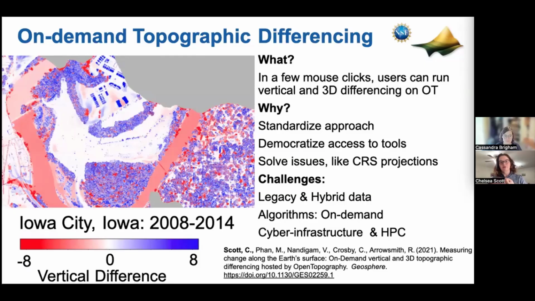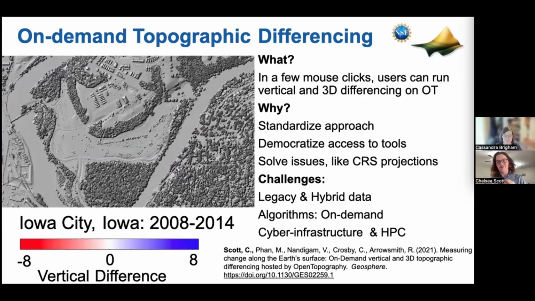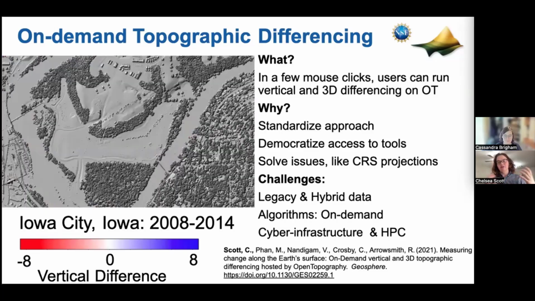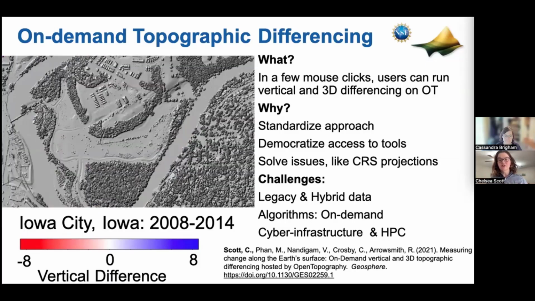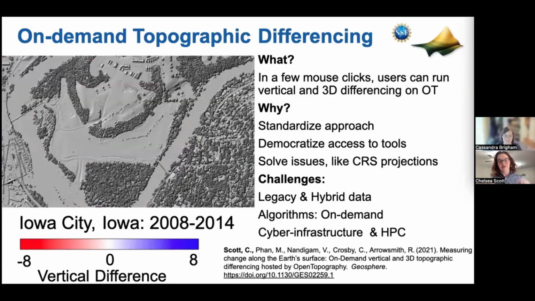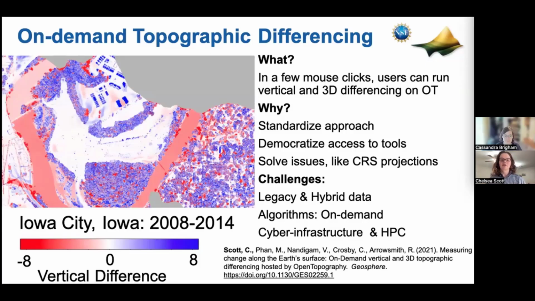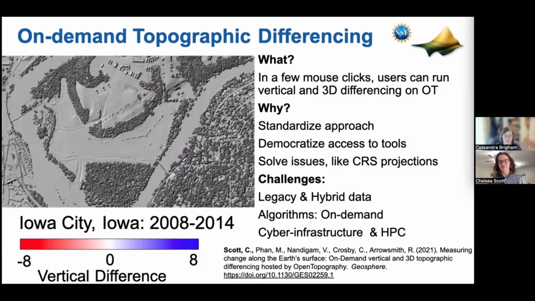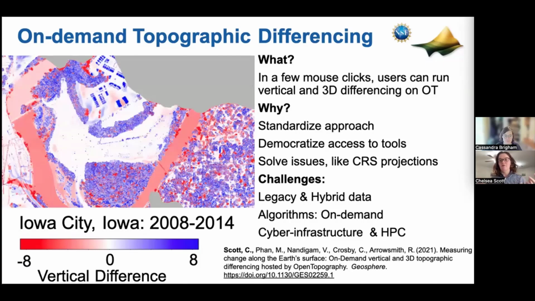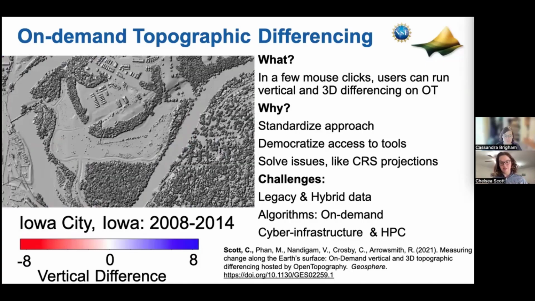We wanted to democratize access to topographic differencing tools, essentially making it so that beginners and experts alike could easily and efficiently do topographic differencing analyses, and we wanted to solve common challenges such as coordinate reference system projections that are common in most differencing studies.